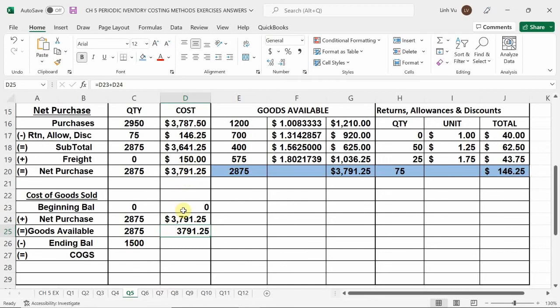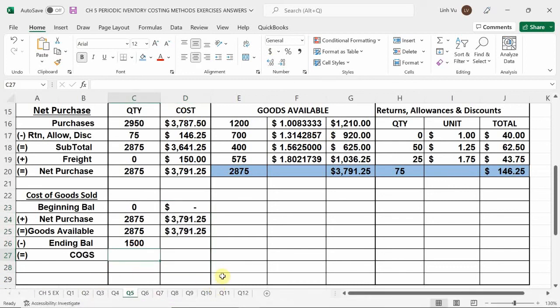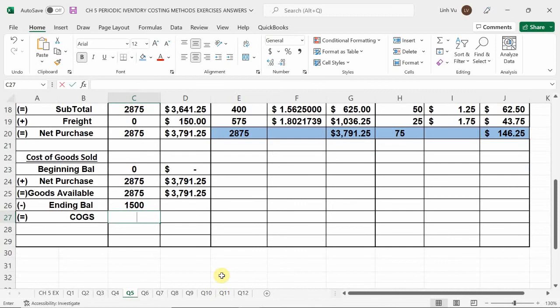All right, so now here is what we have to do. If I know that I have 1,500 units on hand, my assumption is I must have sold a grand total of how many units?